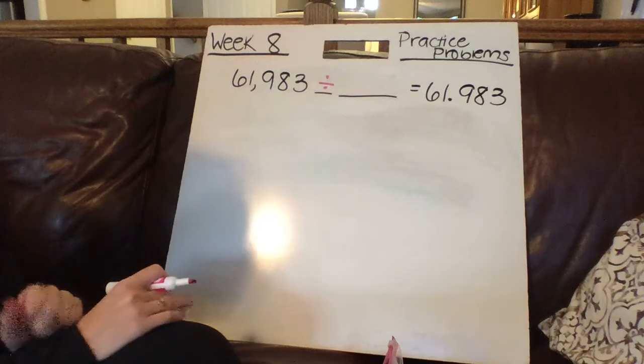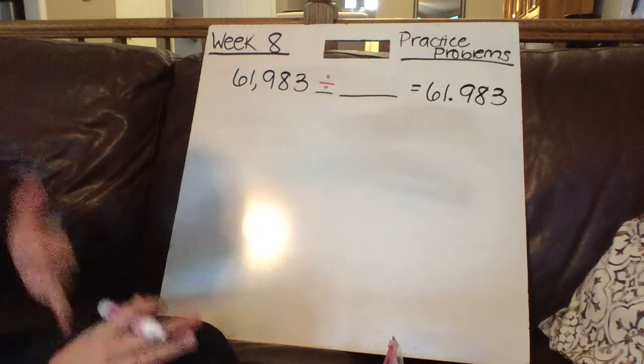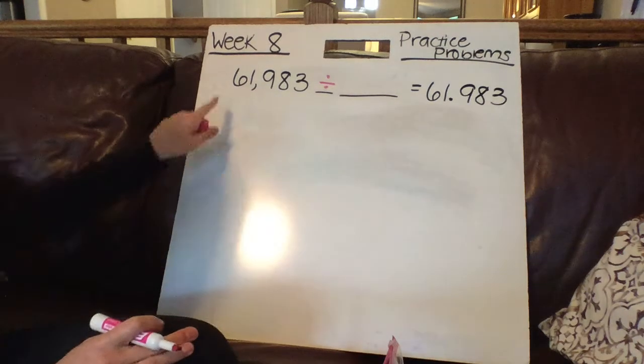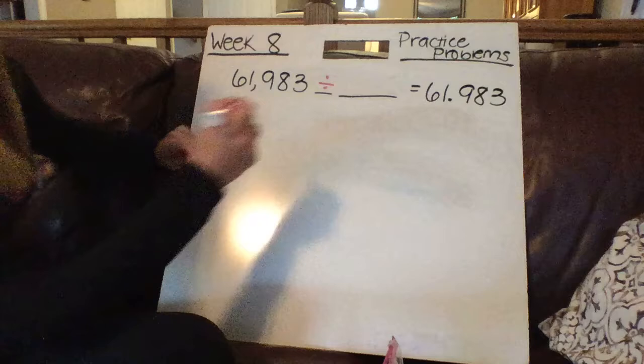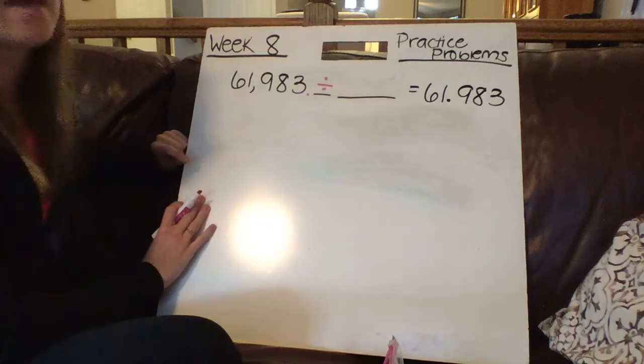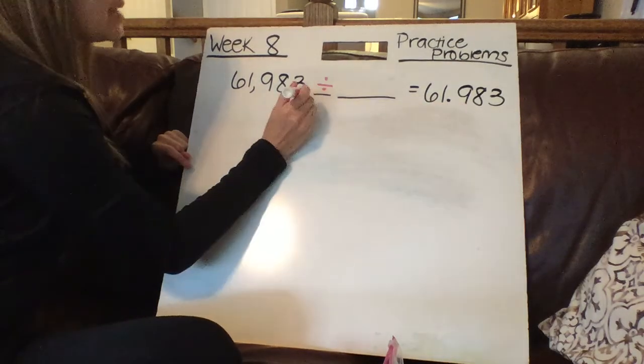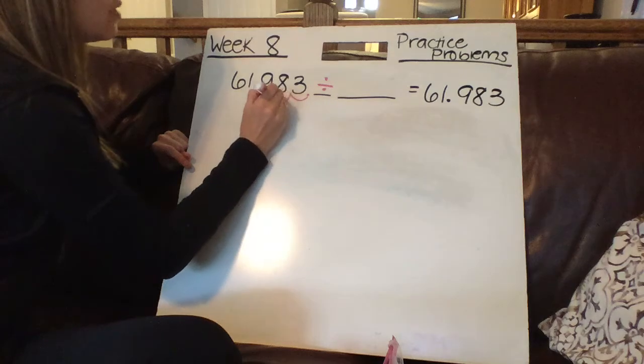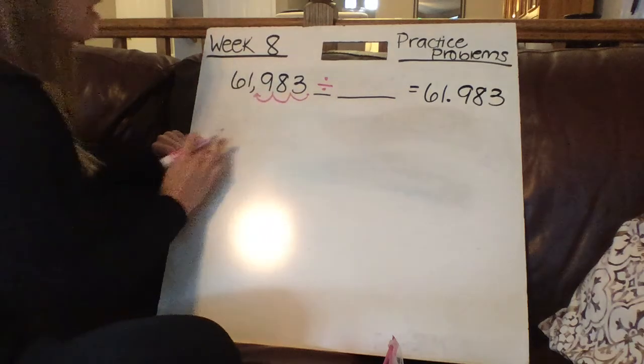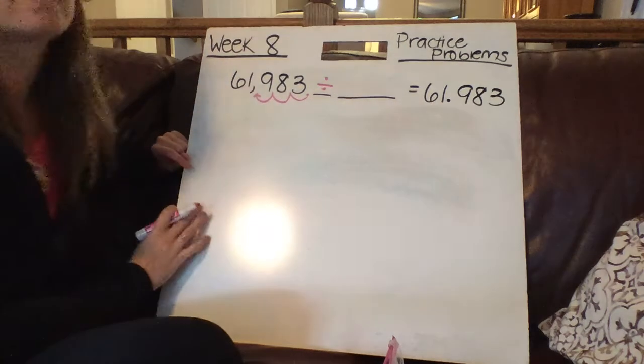The decimal is only moving a little bit. So we want to figure out how many spaces the decimal is moving. So when we have a whole number, technically the decimal is at the end, right? So that decimal to get over here is actually moving once, twice, 3 times to the left to make it this number.